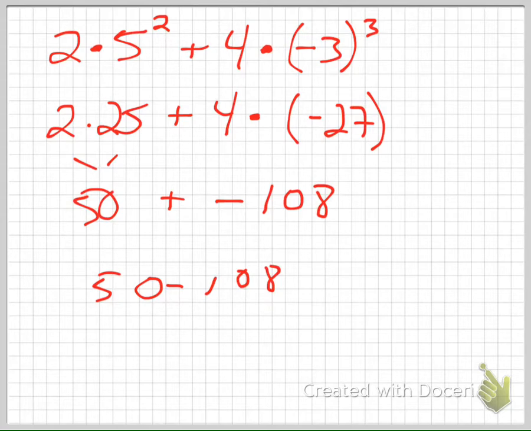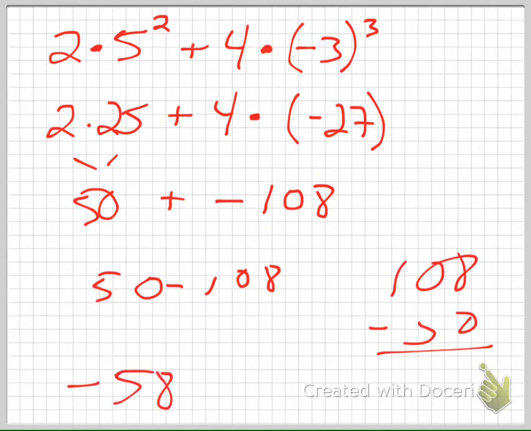You could turn that thing over and subtract, right? Normally, knowing the answer is going to be a negative, you go 108 minus 50, which is 58. Negative 58. How many of you got negative 58? Not enough. Try this.